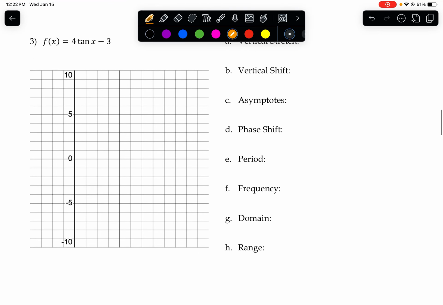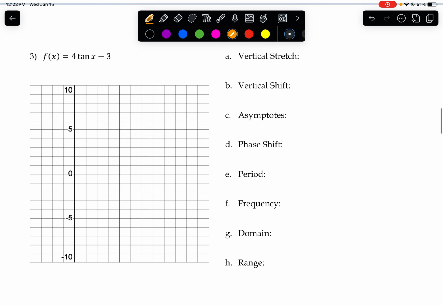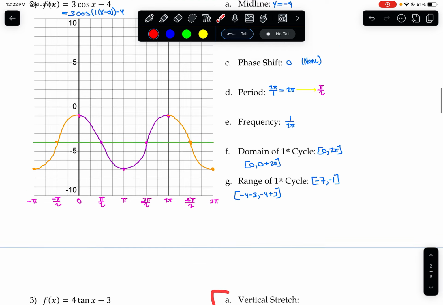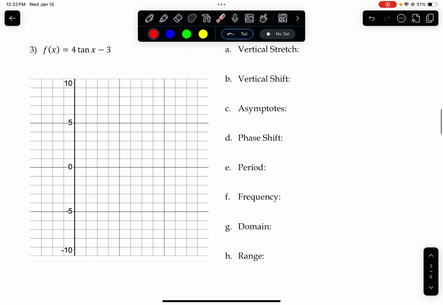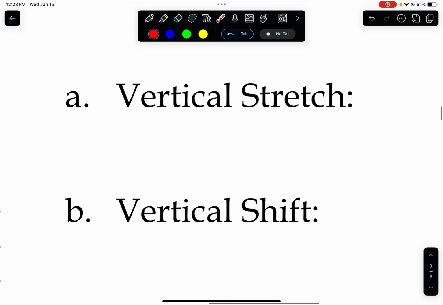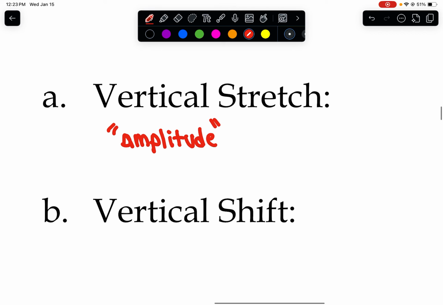All right, now we're going to move on to our tangent function. So with your tangent function, I want you to take a second and look at the different attributes and characteristics that we're going to find compared to what we did for sine and cosine. So they're a little bit different. So your vertical stretch here is going to be your quote-unquote amplitude. So remember, in tangent, we can't have an amplitude, so we call it a vertical.